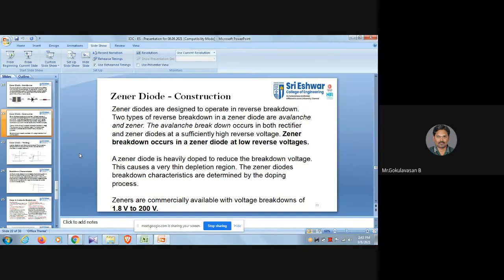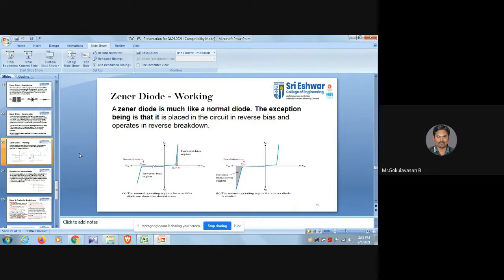A Zener diode is much like a normal diode, the exception being that it is placed in the circuit in reverse bias and operates in reverse breakdown. You can look at the circuit or the VI characteristics shown here. These two diagrams make the difference.